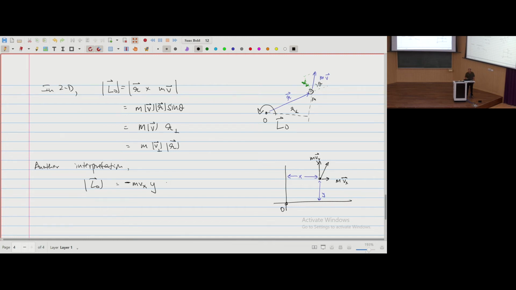So this becomes plus mvy times x. Different ways of interpretation, but mathematically that is the same. Overall, the vector becomes... Is that clear?